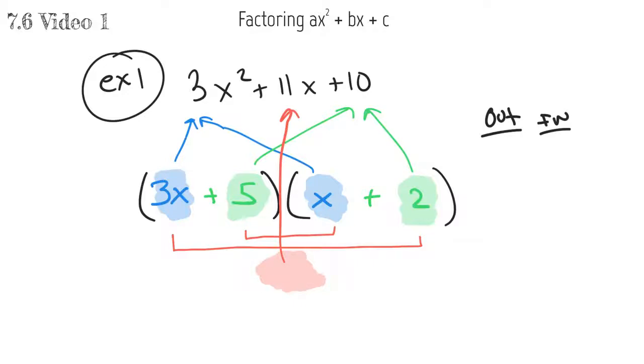So the key part for these problems is actually going to be the red. What we call the red are the outsides and the insides. We call them the outsides because it's when I take the outside parts of the parentheses and multiply them together, 3x times 2. So we call that the out, and then the 5 times the x, we call that the in, or outside and inside, out and in for short.